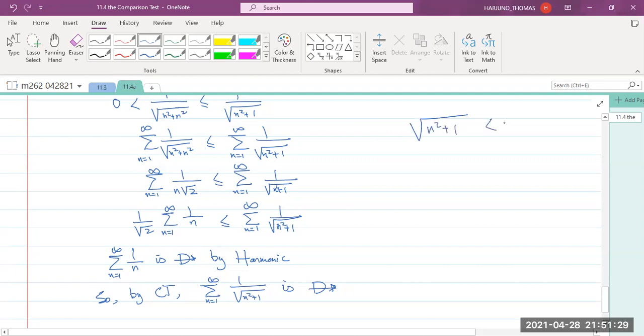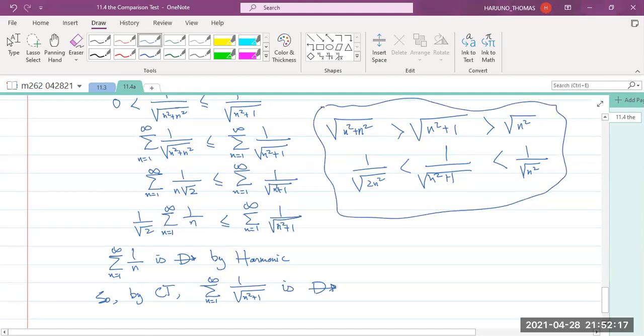If you want to bound it above, you can bound it above by square root of n squared. Okay, you get rid of this. But if you want to bound it below, I'm sorry, it's the other way around. You bound it below by that, but you bound it above by this. Such that when you take a look at the reciprocal, you see that? Okay, that's actually the play I did.